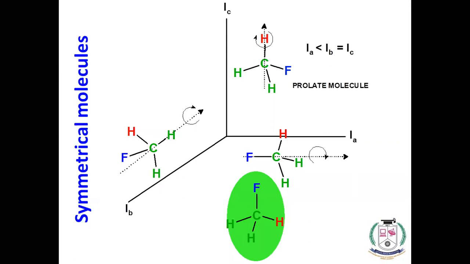This blue color, fluorine and carbon on the Ia axis, whatever we have just shown in the slide, this is a prolate symmetrical top molecule, because it will generate a prolate symmetrical geometry. That's why we are naming this methyl fluoride as a prolate molecule.